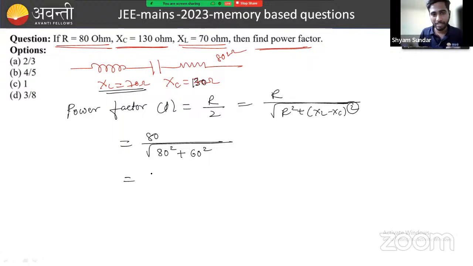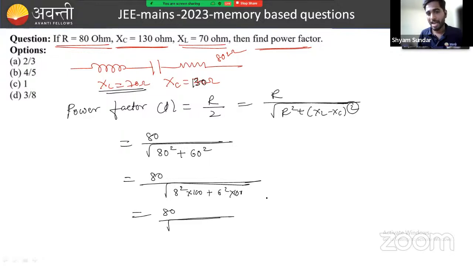Right? Then next, 80 divided by under root of 80 square plus 60 square. I will write this as 8 square into 10 square, which is 100, so 8 square into 100 plus 6 square into 100 for my simplification. Then 80 divided by, look here, 100 we can take common.